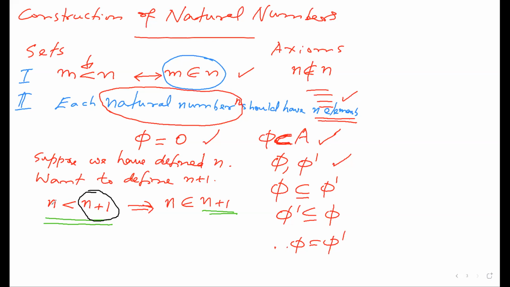If n is less than m, then n is contained in m. Agreed? So that isn't so bad. So this n plus 1 is different from this n plus 1. This is an integer already. This is a set. That is my answer for it.